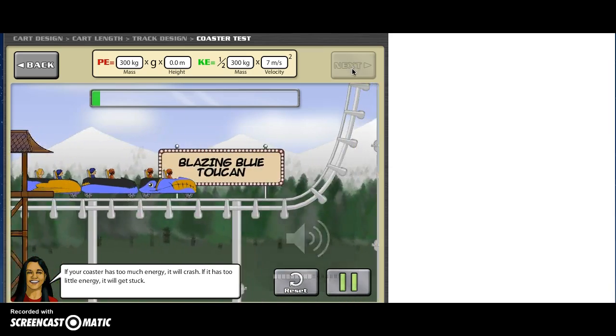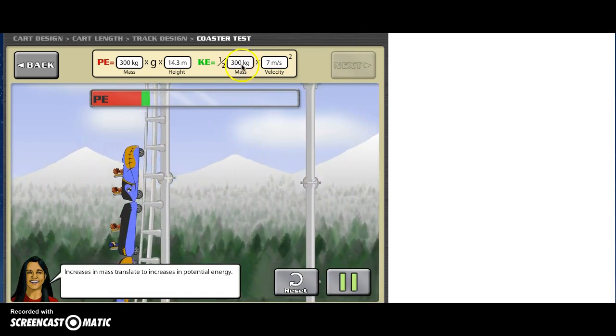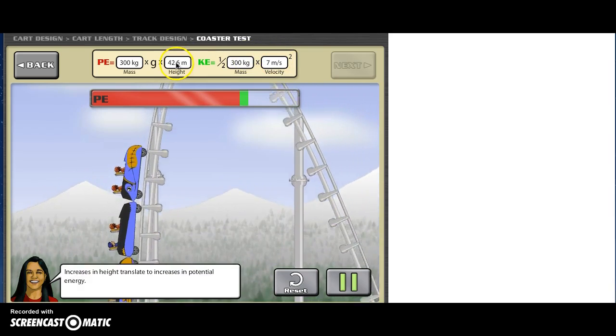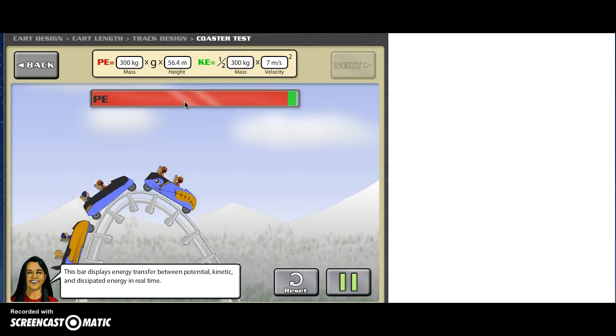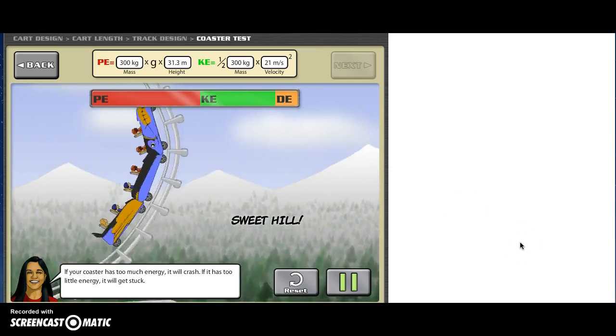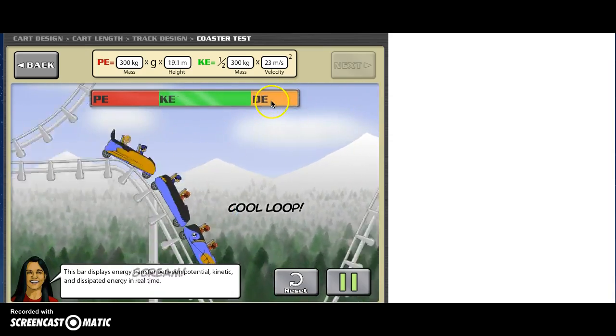Let you watch it. This is the Blazing Blue Toucan. Notice my mass is 300 kilograms. Here my height is increasing, and my potential energy is also increasing. It's kind of interesting to watch the thermal energy.